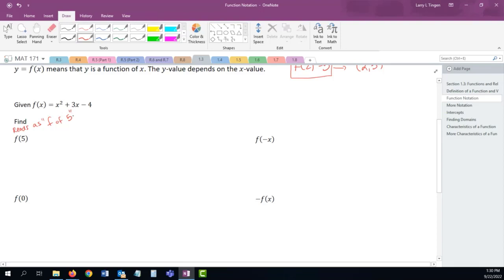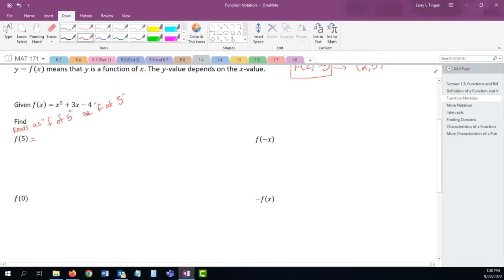This reads as f of x, and this would read as f of 5 or f at 5.